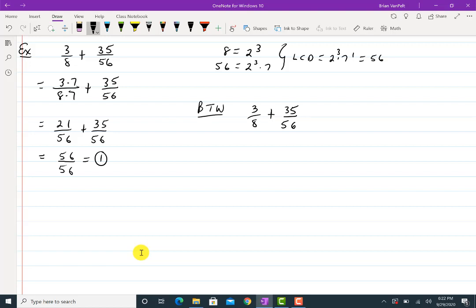For example, the 35 over 56, 7 goes into that. So I could have simplified one fraction and gotten this: 3/8 plus 5/8, that is 8/8, which is 1. So a lot of times there's more than one way to do one of these things.